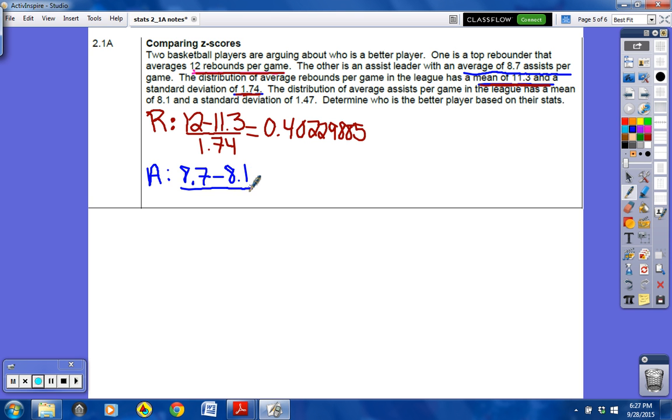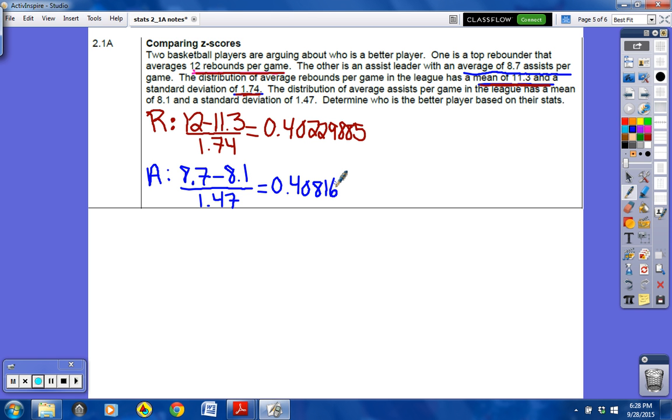And the standard deviation is 1.47. So we're going to take that 8.7, subtract 8.1, and then divide by 1.47. And I get 0.40816.